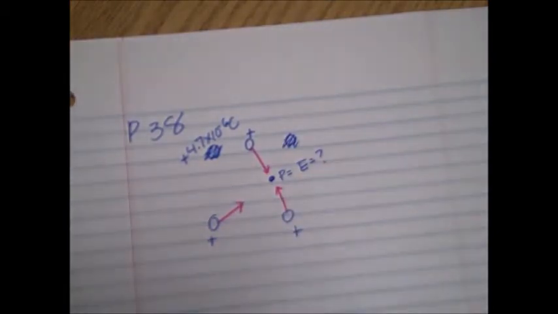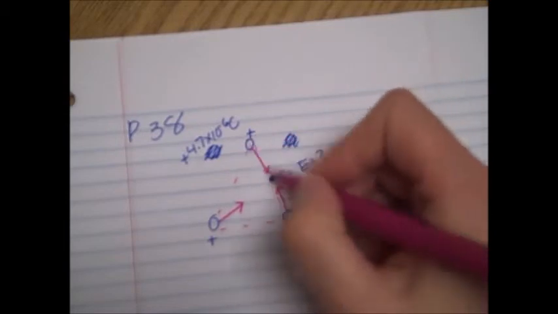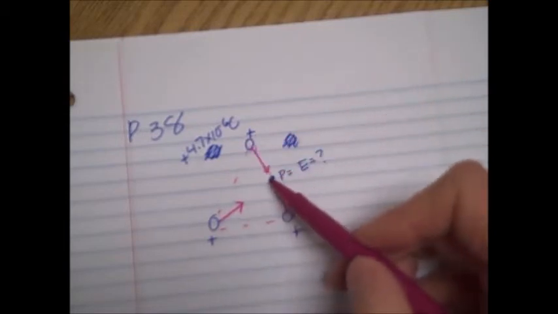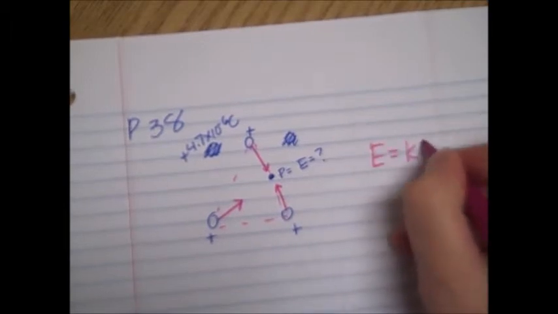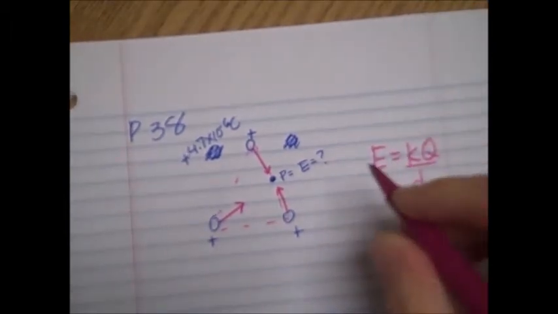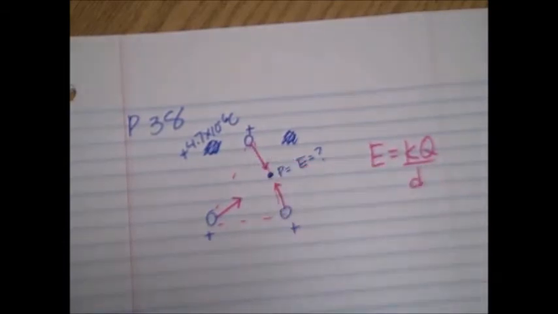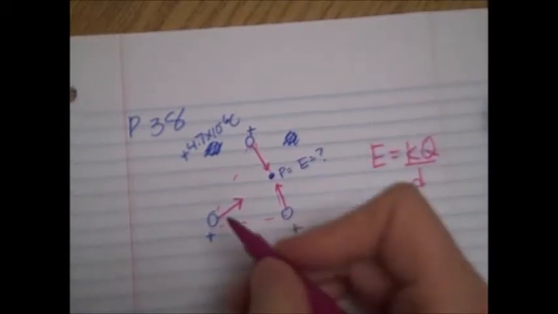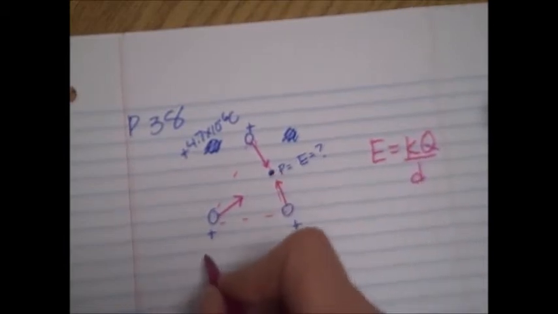Since this is an equilateral triangle, if this is the midpoint, these two electric fields, where electric field is equal to KQ over D squared, will be equal to each other. They will cancel out because they're opposite in direction, yet equal in magnitude. So the only electric field that survives at this point is up to the right.